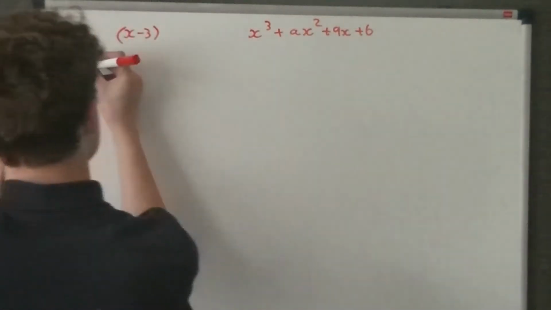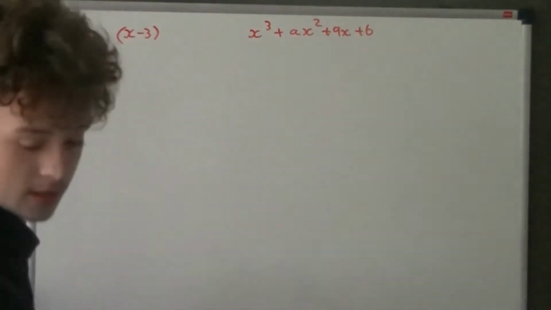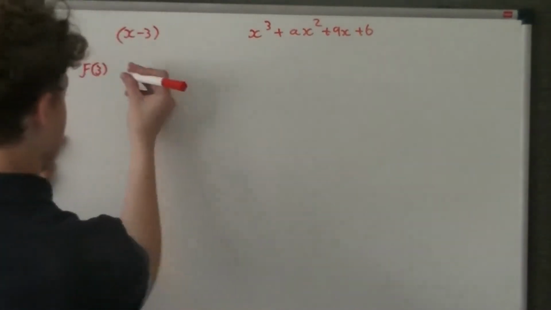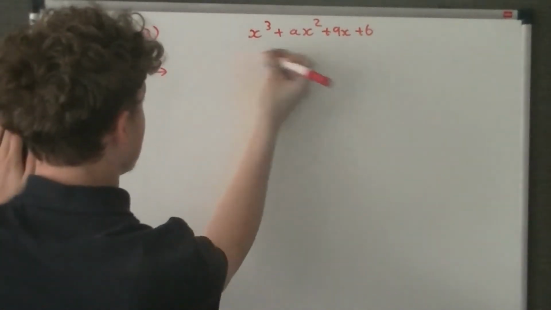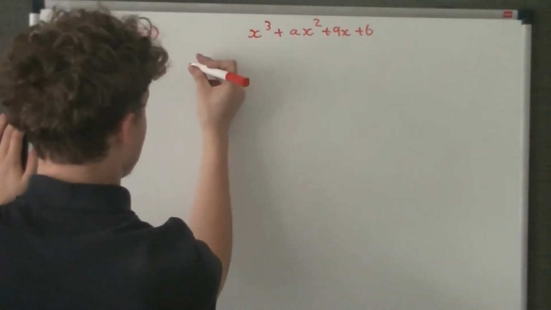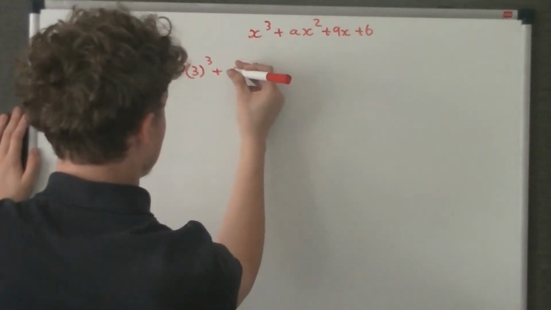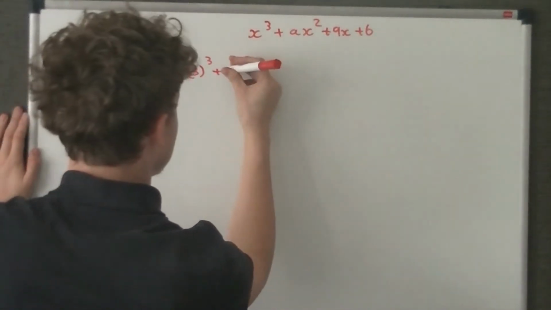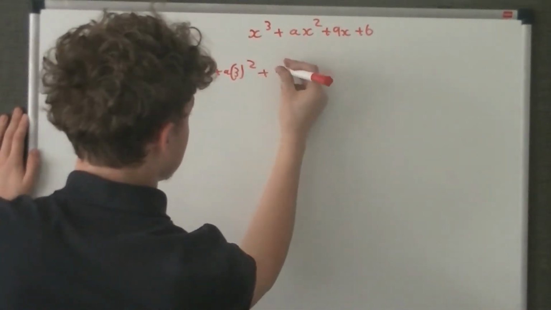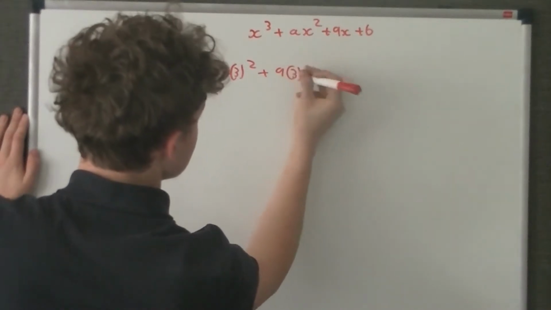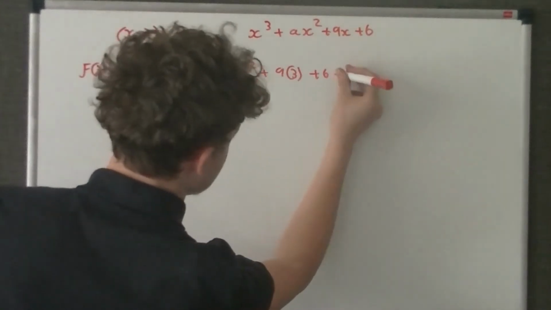So if we put this as f(3), now we know it's a factor, as it's said, so this should equal 0. So when we put x as 3 into here, we should get 0. So 3 cubed plus a times 3 squared plus 9 times 3 plus b should equal 0.